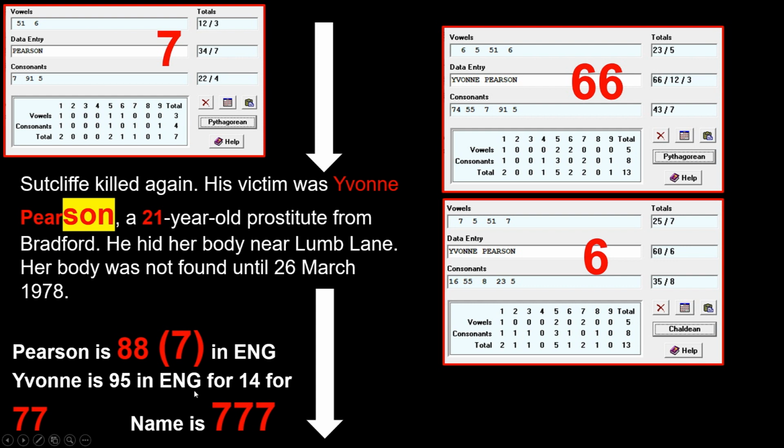And Yvonne is 95 in English for 9 plus 5 for 14 for 77. So if we look at the name in English, we've got a 7 for Pearson and a 77 for Yvonne. So we've got 777. And Yvonne Pearson in Pythagorean gives us our 66 again, and Yvonne Pearson is 60 for a 6.